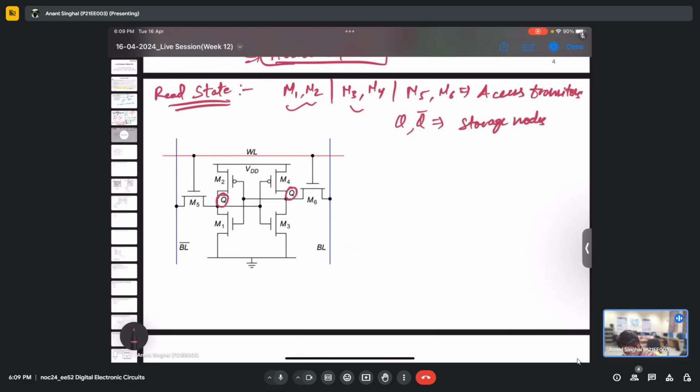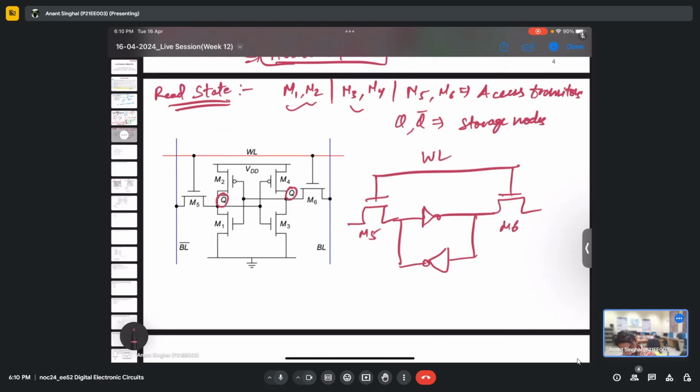So what happens in the read? I can make a very simplified circuit. In between I have these cross-coupled inverters, then I have this M5, then I have this M6 here, and these are connected to the word line, and these both are connected to the bit lines, one is bit line complement and one is bit line.